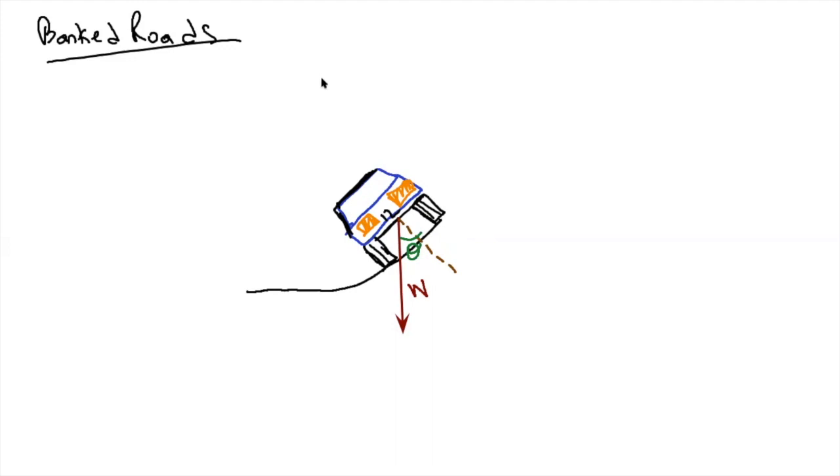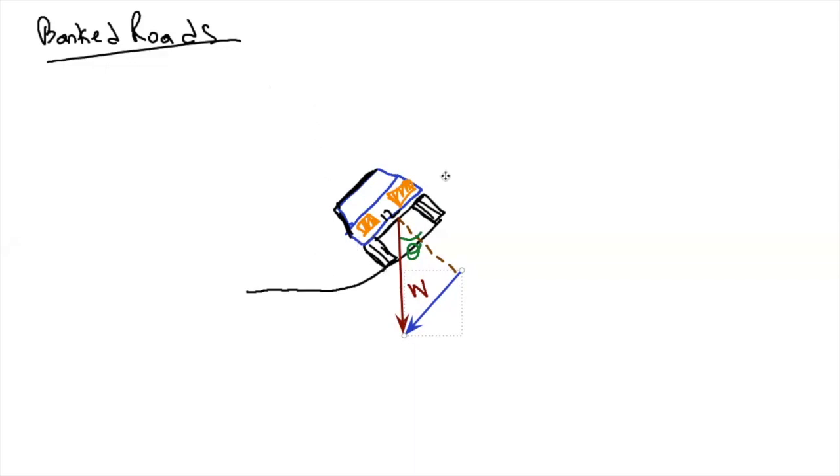So let's make an arrow for one of our components. Which one is it? Is this the sine component or the cos component? Is this component the W sine theta or W cos theta? Come on, guys. Yeah, it's sine. Good job. Now I'm going to move this component later to that part.